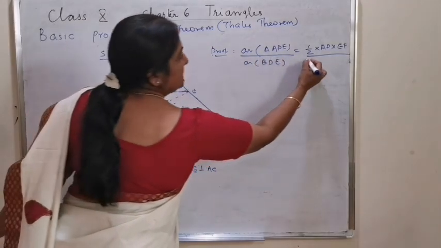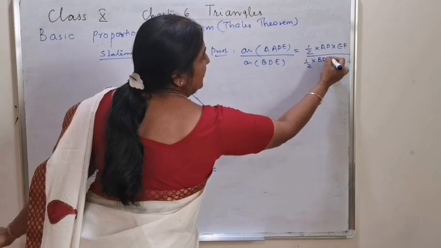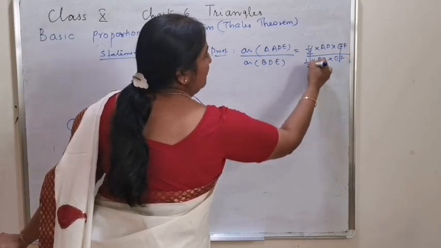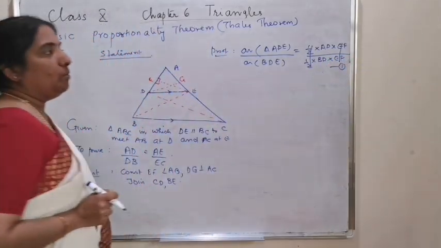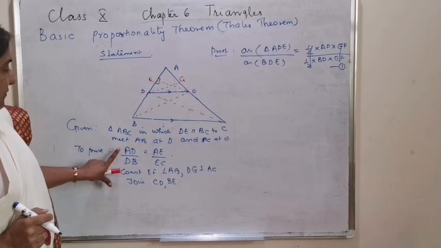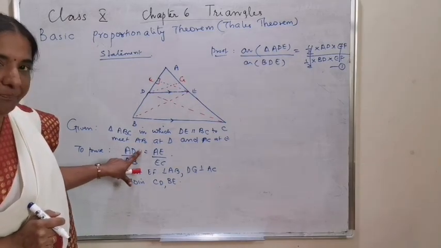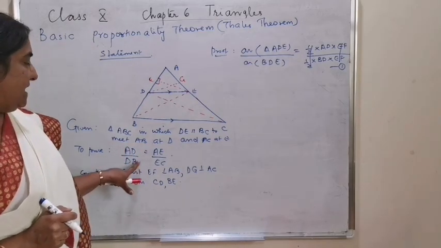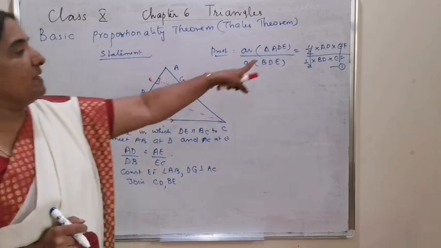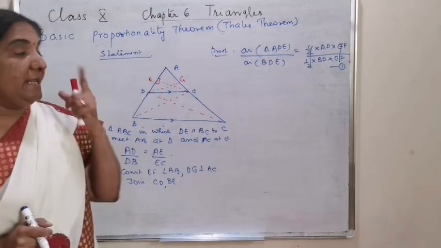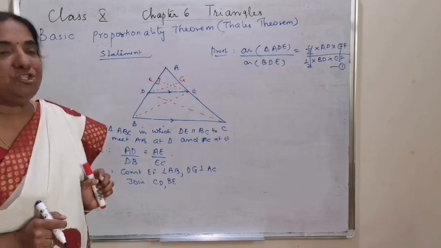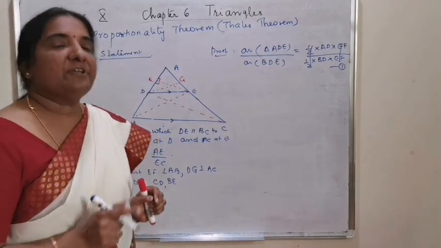So it is half into BD into EF, equation number 1. That is, area of triangle ADE to area of triangle DBE is equal to half into AD into EF by half into BD into EF.